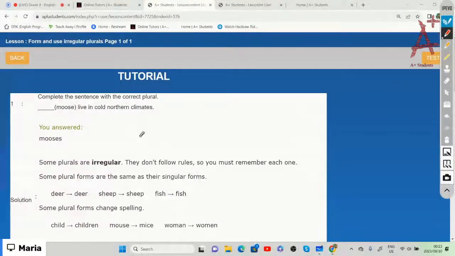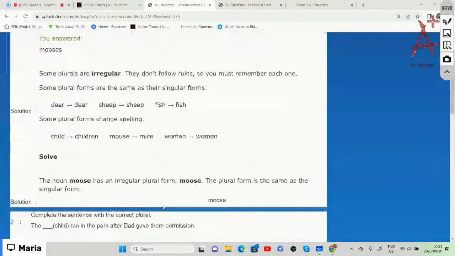One moose, many moose live in the cold northern climates. This is a spelling that does not change.